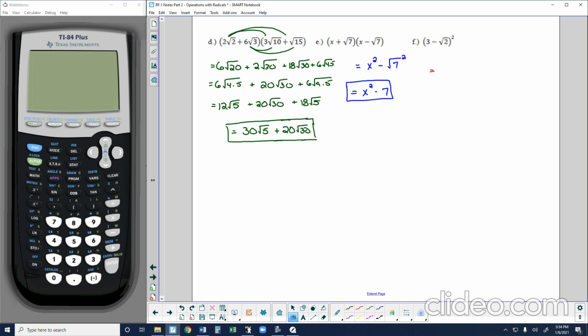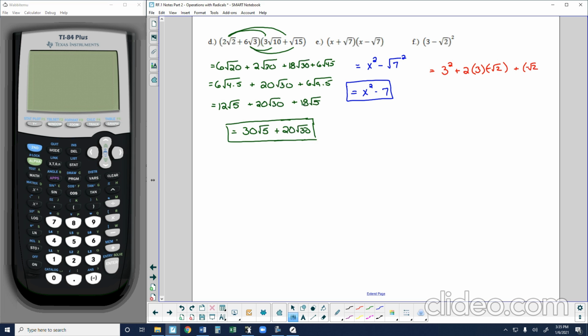The square of a binomial is the square of the first term, so 3 squared, plus double the product of both terms, 3 times, and let me put this in parentheses here, a negative root 2, because that sign does go with the root 2, plus the last term squared.